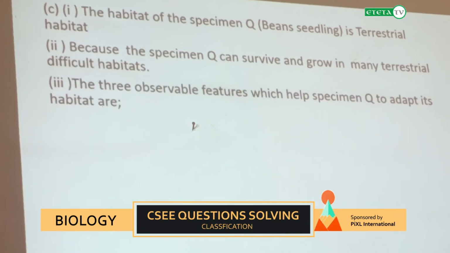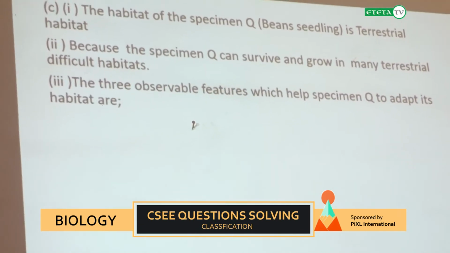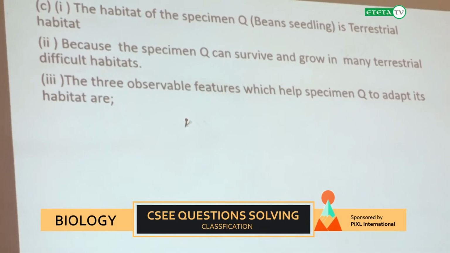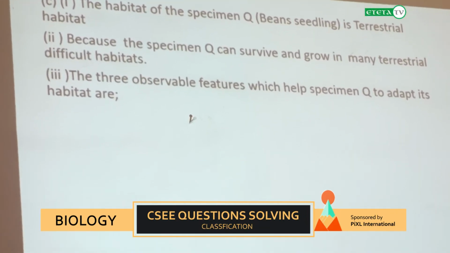Roman 3, the three observable features which help specimen Q to adapt to its habitat.